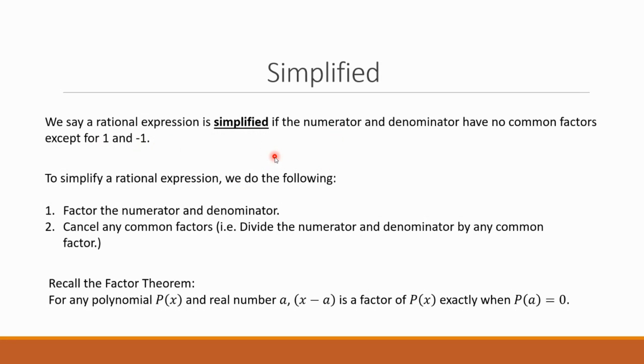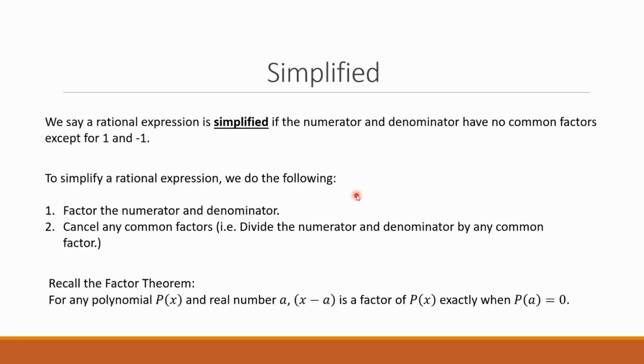Okay, so we know what it means for a rational expression to be simplified. But how do we actually simplify it? Well, that's what I have in the next slide. You can factor the numerator and denominator and just cancel any common factors.